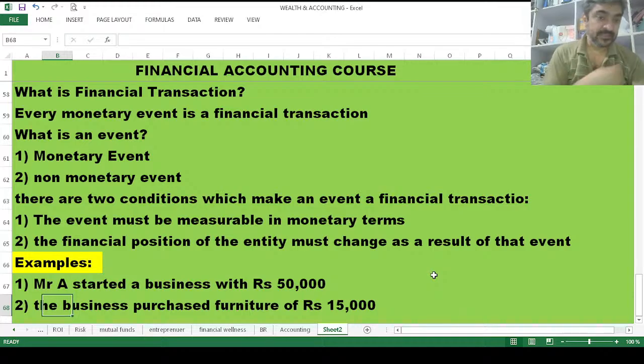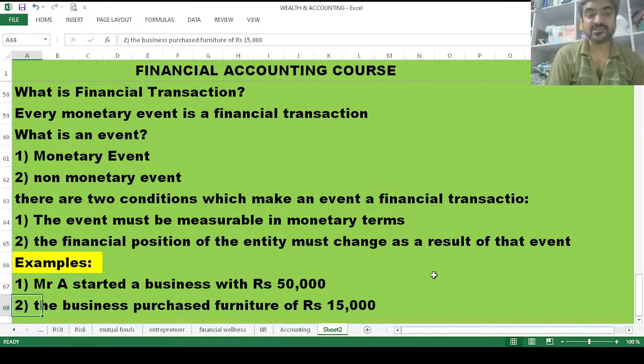Now you can say that this transaction also involves a monetary item, and it changes the financial position of the business.